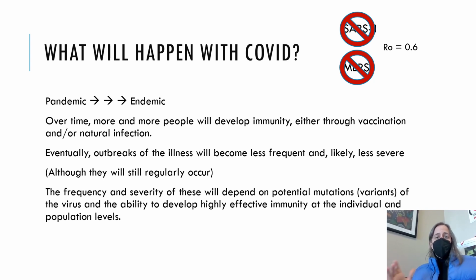Depending on how long-lasting and effective that immunity is, that's going to determine for how long this virus is going to really dominate our lives, versus at what point it becomes, for example, like flu: something that still happens, something that can still make you sick, something that still causes tens of thousands of deaths a year, but not something that causes hundreds of thousands or millions of deaths per year. So that's where we're headed eventually. When will we get there? Well, gosh, I wish I knew the answer to that question. Eventually. It might take some time.